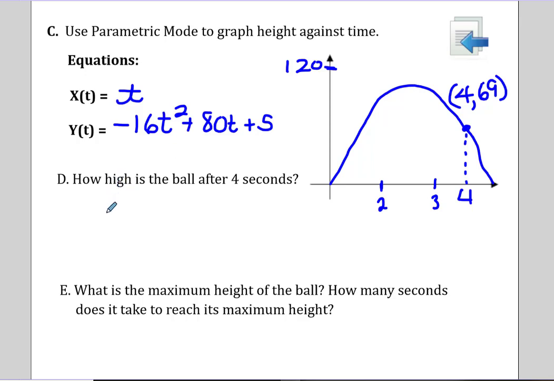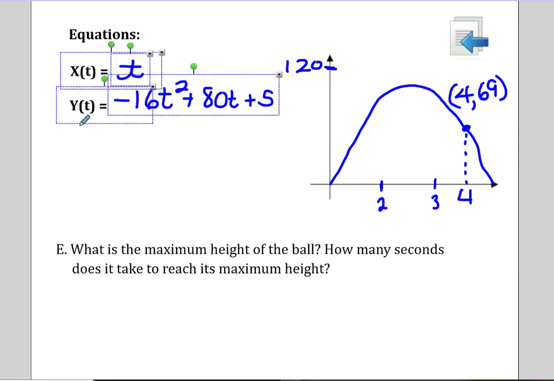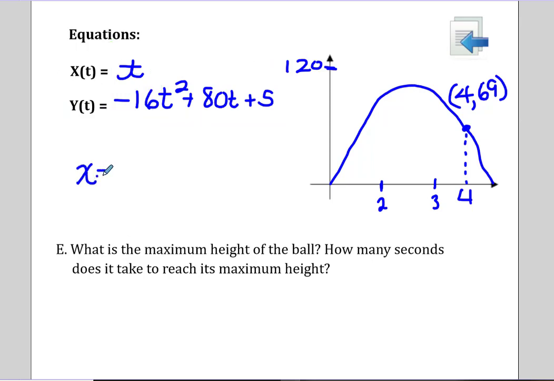And then our last question is, what's the maximum height of the ball, and how many seconds does it take to reach that maximum height? Well, we know from parabolas, if we knew the vertex, we could use that equation, and the vertex is the opposite of b over 2a. So that's the x coordinate of the vertex.